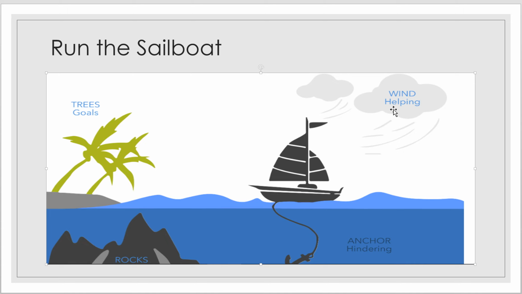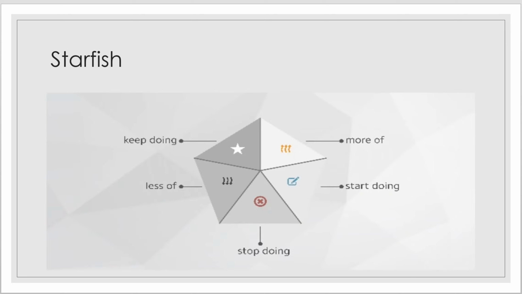So this is another technique. Then we have the starfish technique, which is very straightforward, and more useful for teams which are more mature and want to get straight to the point. It talks about what you want to keep doing, what you want to do more of.